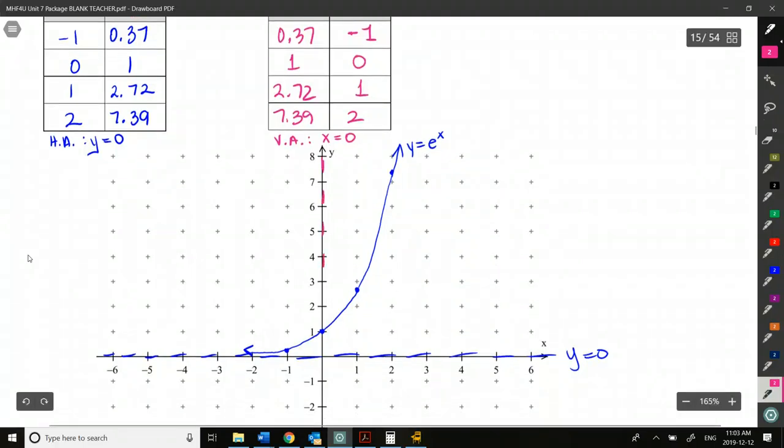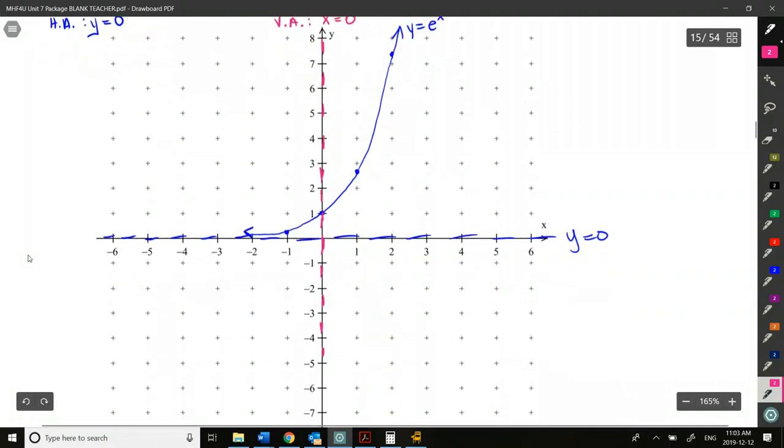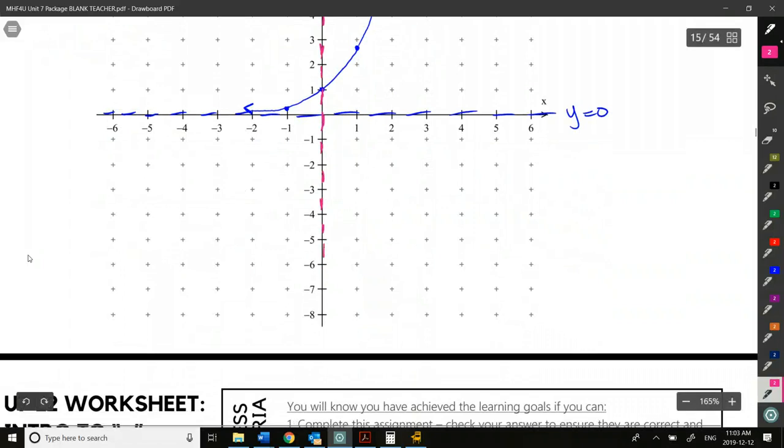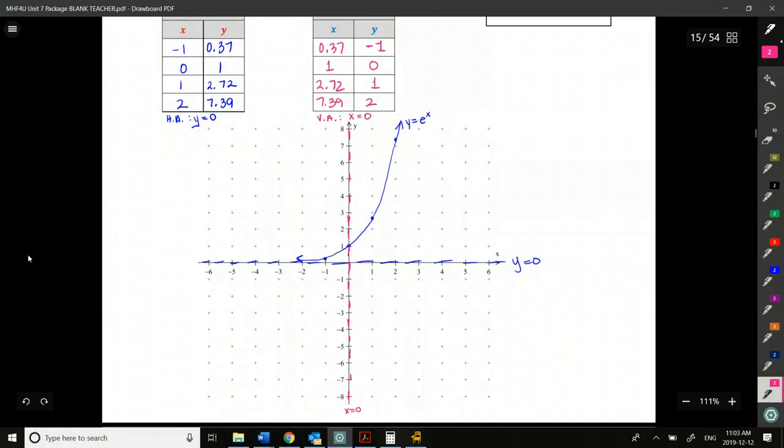Okay, so let's just pencil in our vertical asymptote here. We'll label that as x equals 0. And then we'll graph our points here.